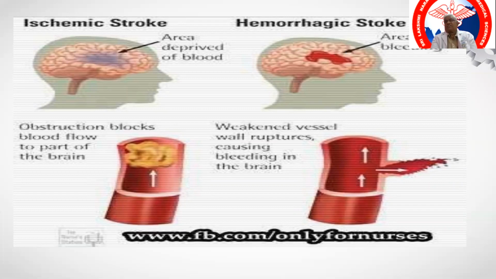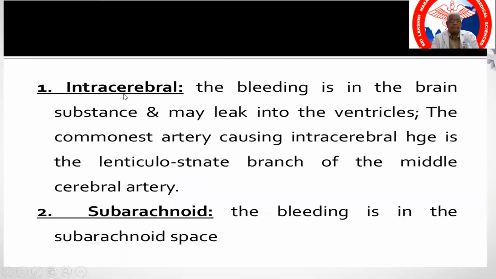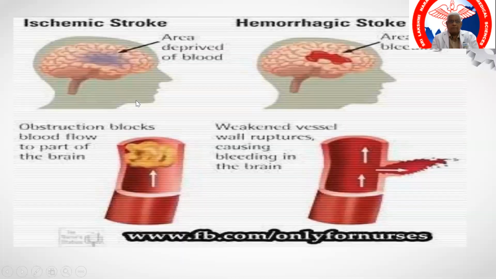Because the brain is encased in a very strong box, the skull, it cannot expand more. This is how the area of ischemia and the area of hemorrhage arise.